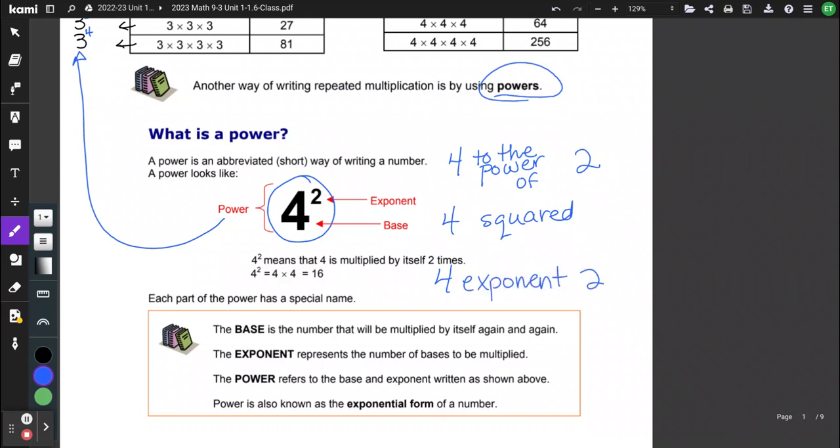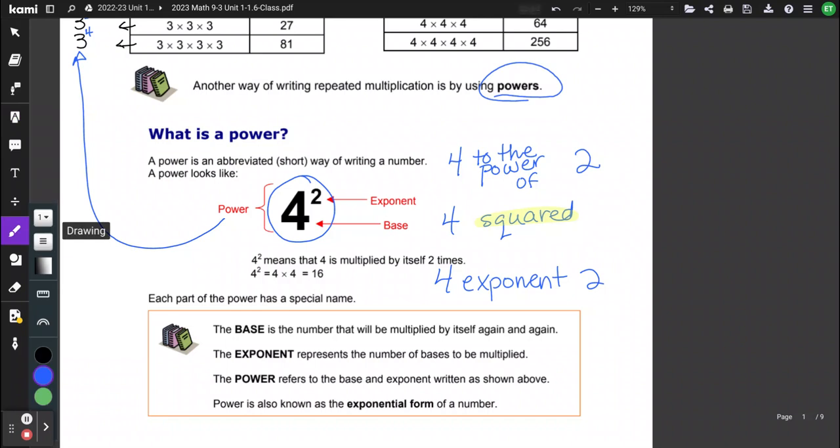So there are different ways we can use words to describe what we're doing. Now the number 2 and the number 3 have specific names. The number 2 can be called squared and the number 3 can be called cubed. It's because we're dealing with real life objects, believe it or not. I will describe that on the next page in a moment.